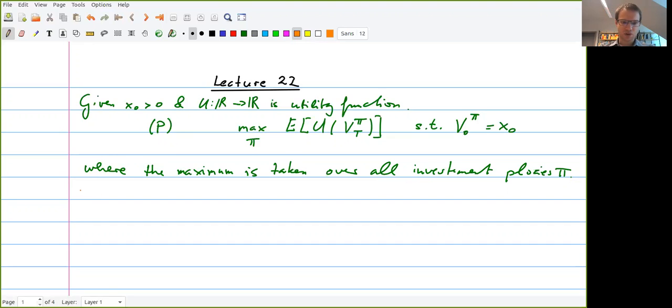So the idea to solve it, this is what we develop today, is the so-called dynamic programming principle.